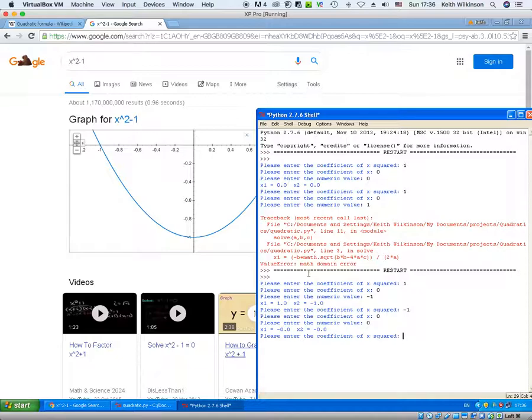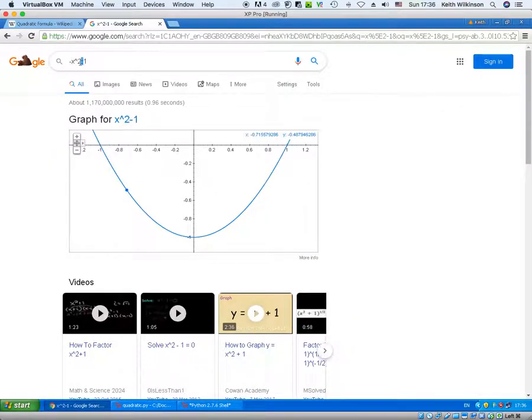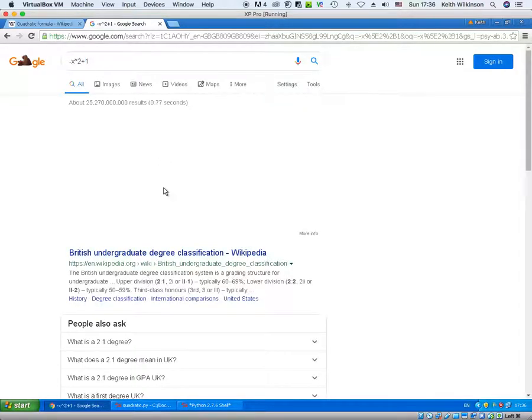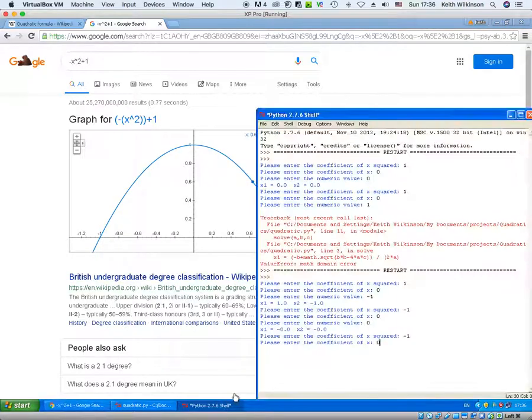That will be minus x squared, 0. And remember, we're upside down, so really if I'm upside down I need to have a plus 1 there to get two roots. There we go, at minus 1 and 1. So my third value is going to be 1. And there we go, minus 1 and 1 for the roots.